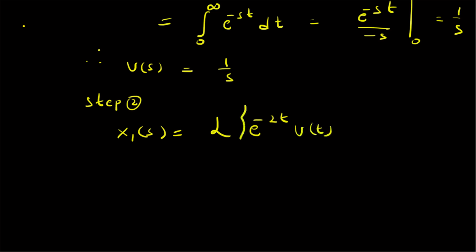That is the partial product in the given signal x of t. So the Laplace transform of e power minus 2t u of t is simply defined as U of s plus 2. That is, the Laplace transform of u of t, where s is replaced by s plus 2. That is s minus a, where a is minus 2. So it is U of s plus 2, and based on the result we have, it will be equal to 1 by s plus 2.